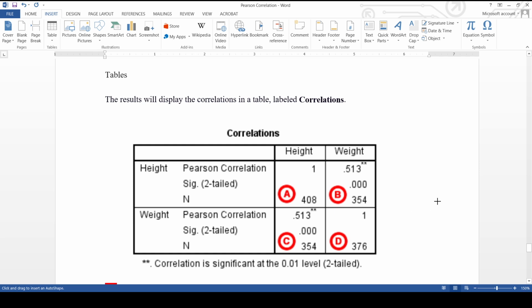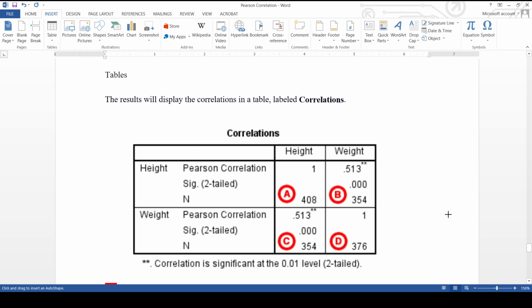Height with height is 1 too. But when you correlate weight and height, it gives you 0.513, which is significant, but the magnitude is moderate. Between 0.3 and 0.5 is moderate, below 0.3 is small, and 0.5 and above tends towards a strong relationship. That's just what I wanted to stress.